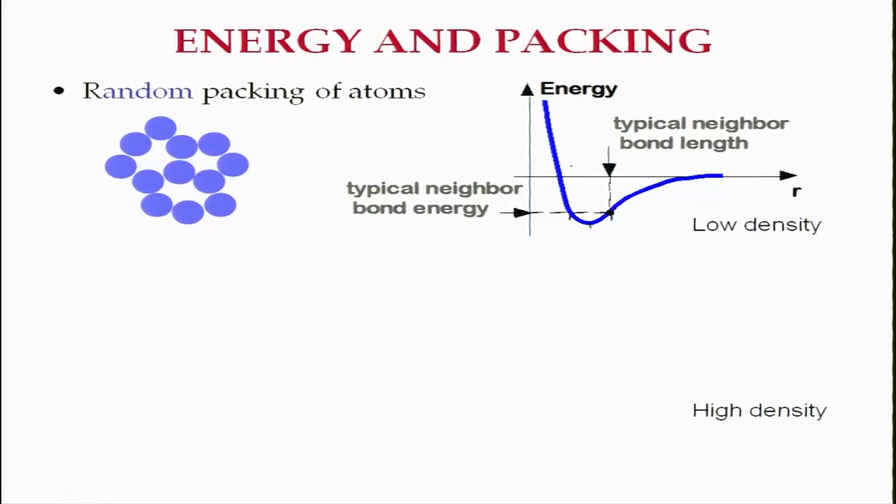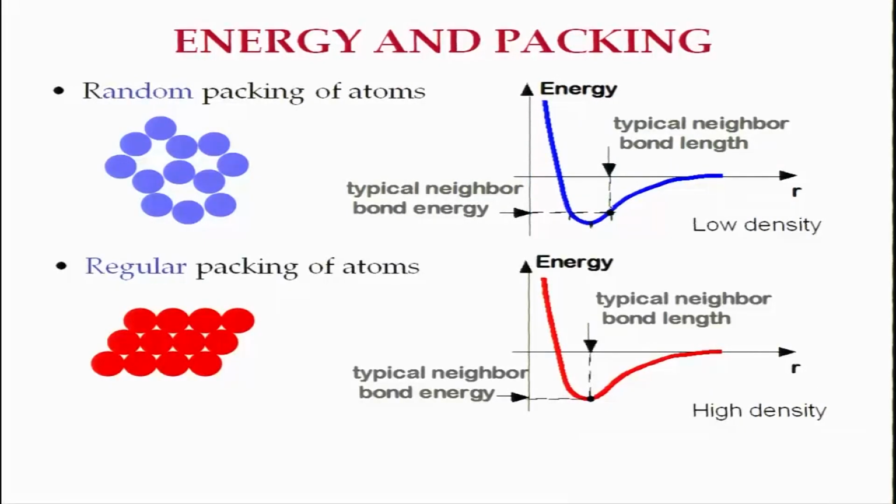So, typically lower separation is not possible, but higher separation is possible, so you are somewhere in this region. The overall potential energy or bond energy is lower. As a result, you are not at the free energy minimum, but at slightly higher energy, whose repercussion is lower bond energy in these systems.